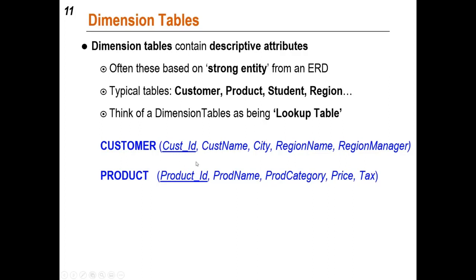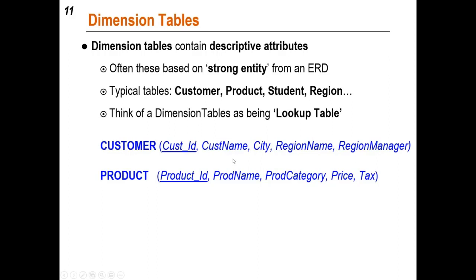So in these examples of dimension tables, you can see the customer. Sometimes the columns in the customer table in the data warehouse probably come from maybe 2 or 3 or maybe 4 or 5 other strong entities.